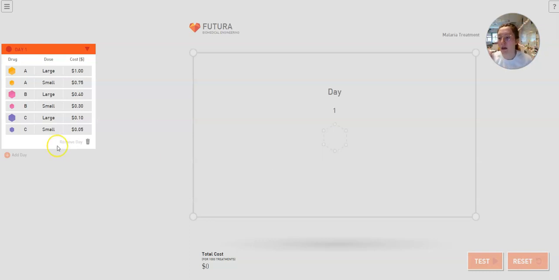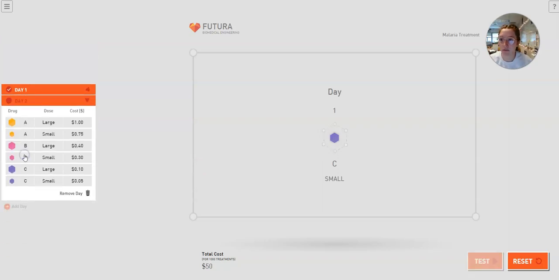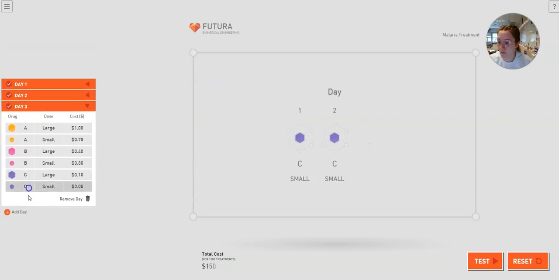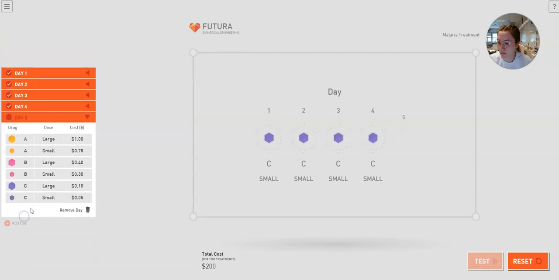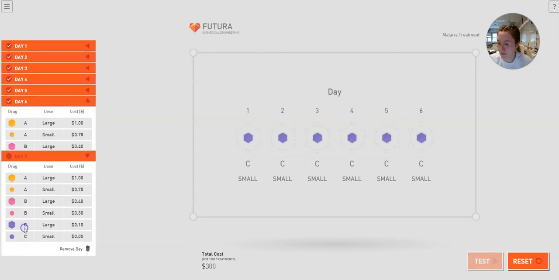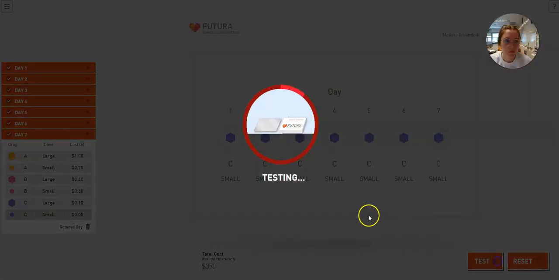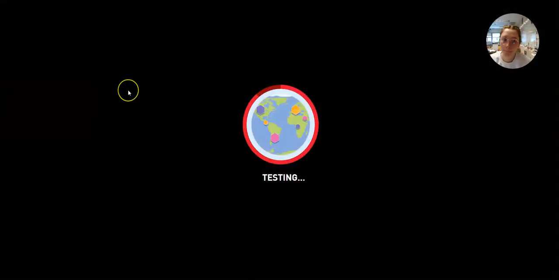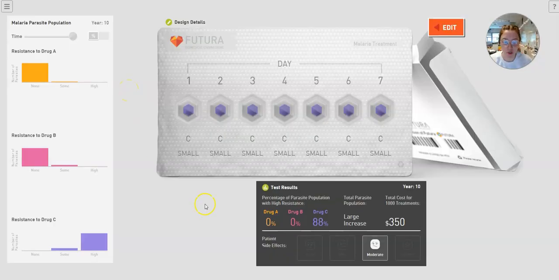And then I'm going to test drug C. Okay, drug C, only an 88% resistance, that's better. Large increase in parasite population, not great. Cost, though, really, really good, but now my side effects were moderate.